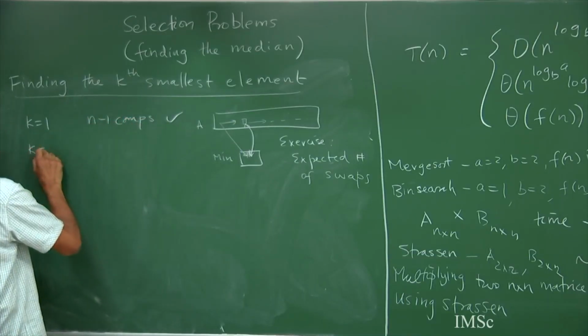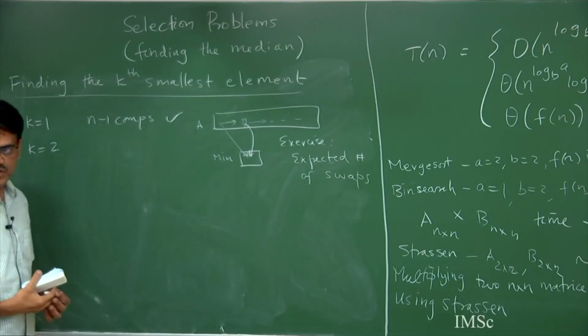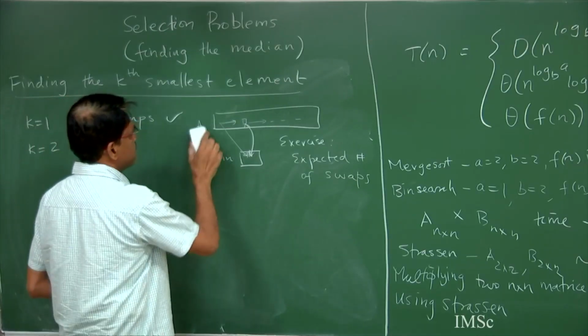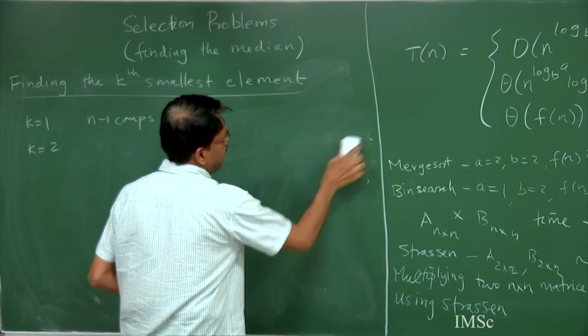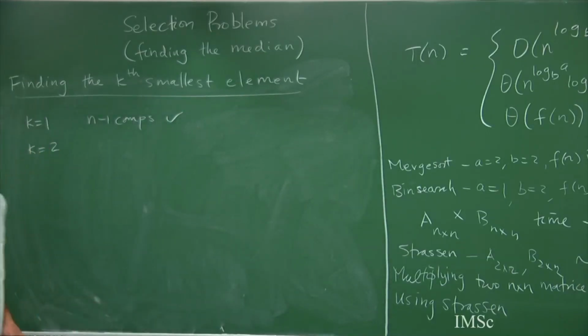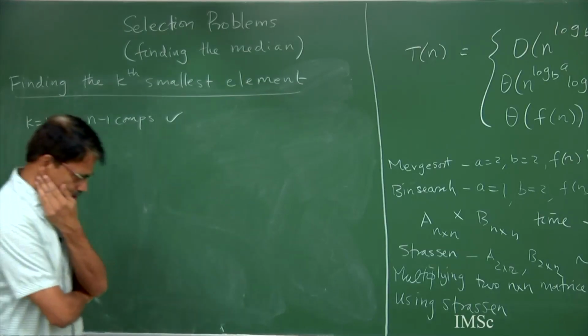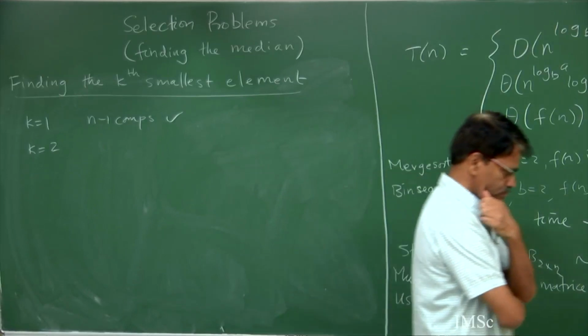What about k equal to 2 if I want to find the second smallest element? It is there in the practice problem sheet, the 0th sheet. So, if I want to find the second smallest element, how fast can you do?